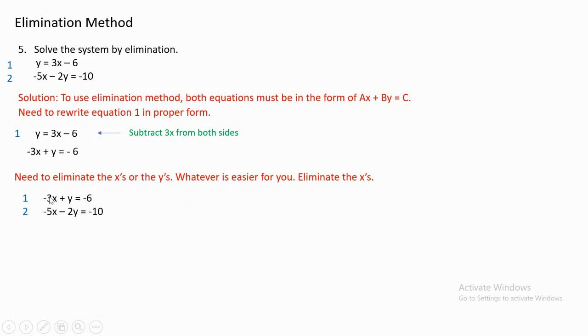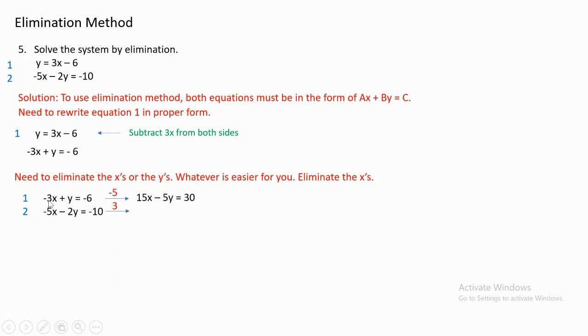So for example, to eliminate the x's on both equations, for equation 1, I need to multiply by the coefficient in equation 2. So we're going to multiply equation 1 by negative 5 and equation 2 by 3. Okay, because since they're both negative at the beginning, one has to be negative, one has to be positive.